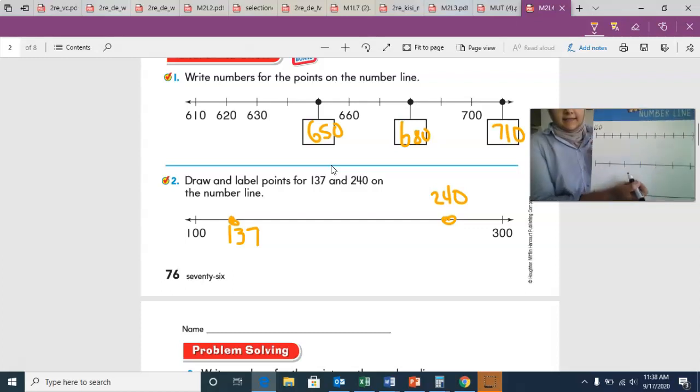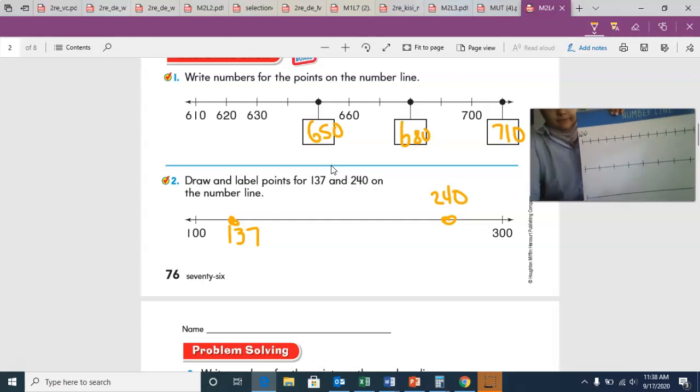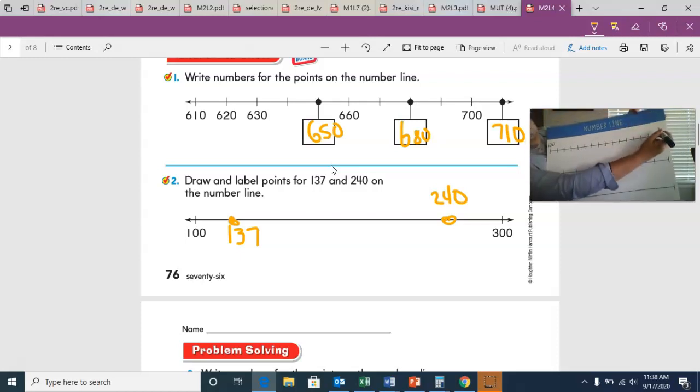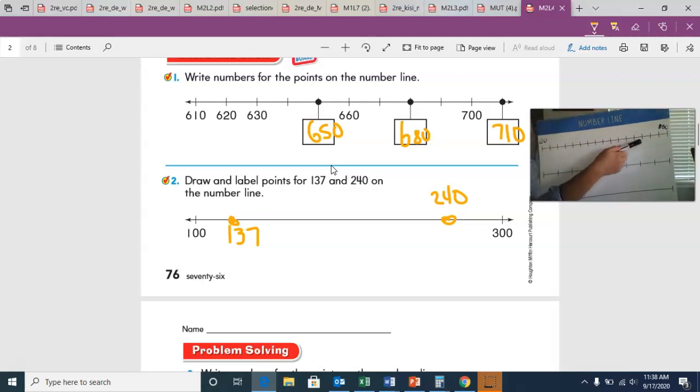And the last number on there is 300. Okay. So if the first number is 100 and then 300, I'm going to count by tens.